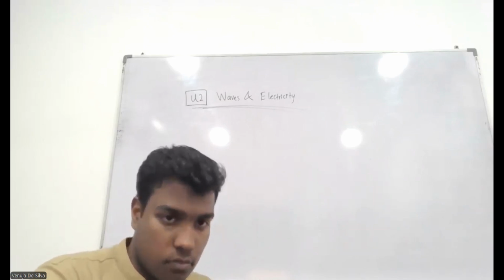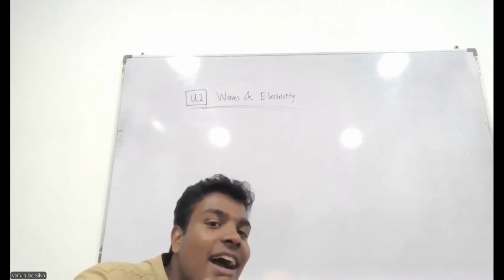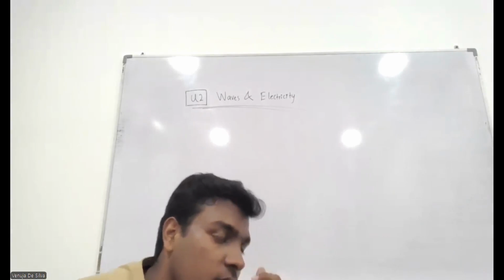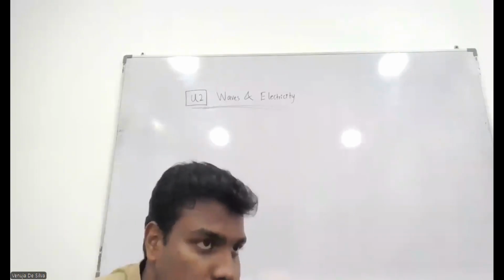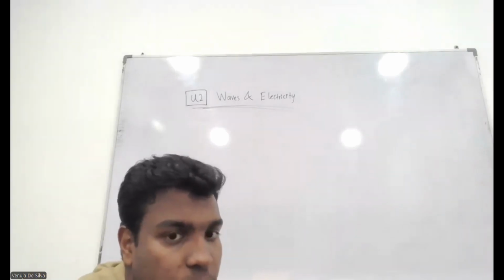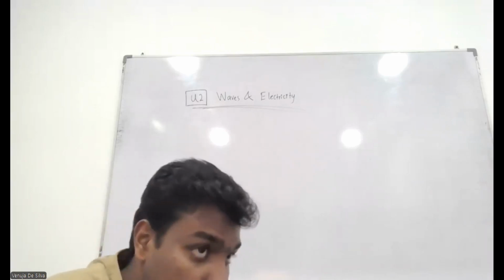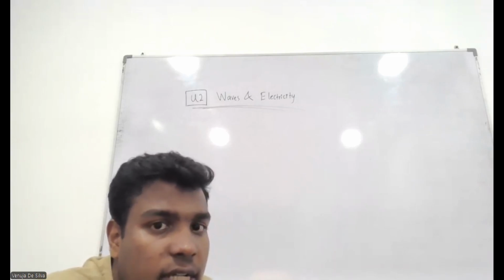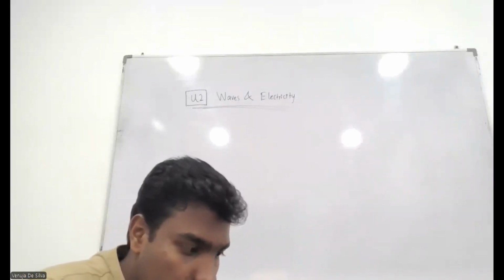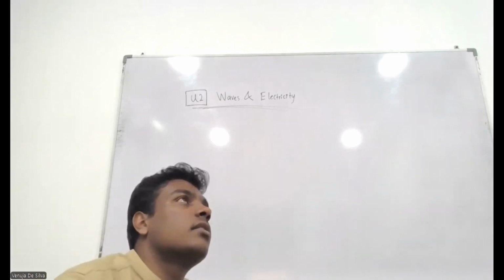What is that? 10 to the power minus 7. Sorry? 1 into 10 to the power minus 7. Isn't it 10 into 10 to the power minus 7? That means 1 into 10 to the power minus 6 it should be. Did you convert velocity? 100 centimeters per second? 100 into 10 to the power minus 3?